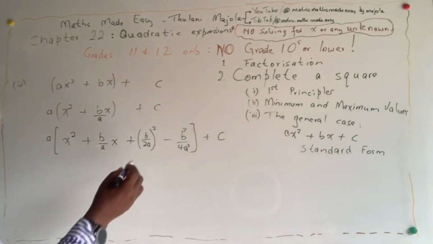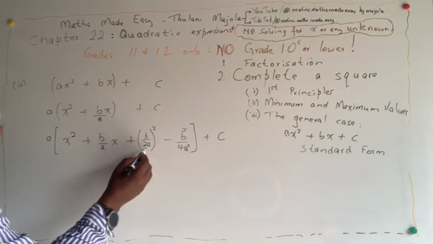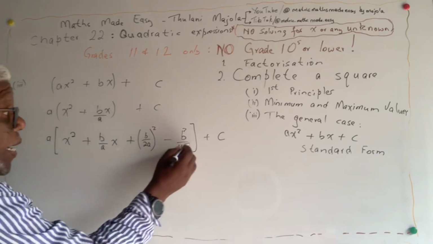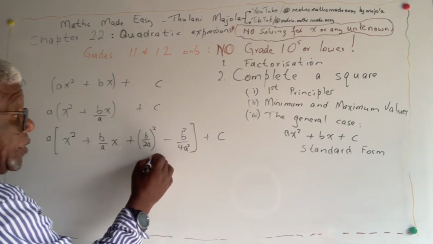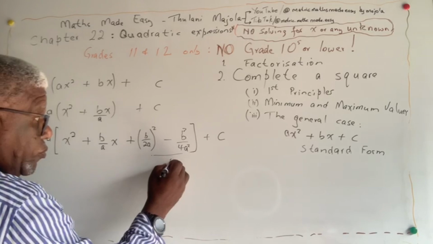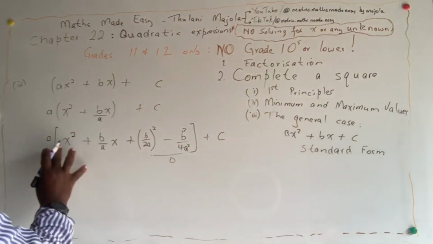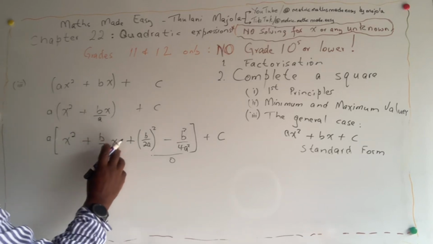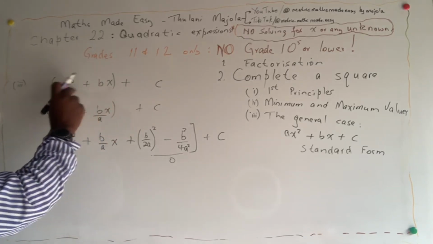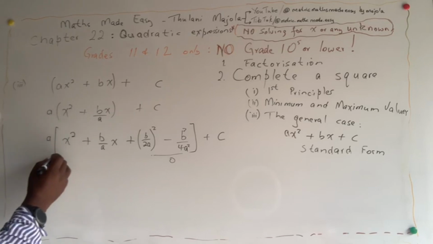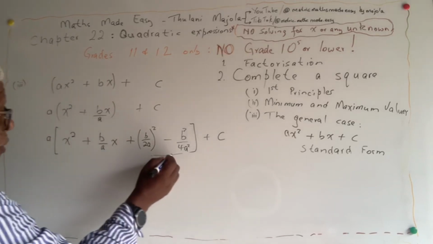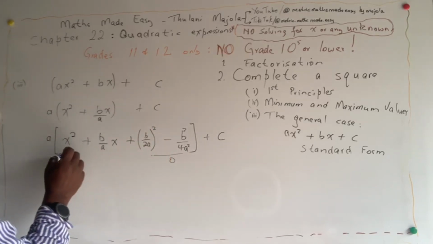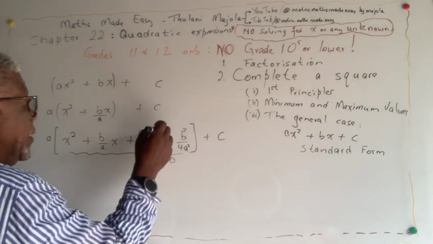Now this b over 2a all squared minus b squared over 4a squared is actually 0, so I hope we all agree. We still have those two terms, x squared plus b over a x. This is 0. But now this is a perfect square.